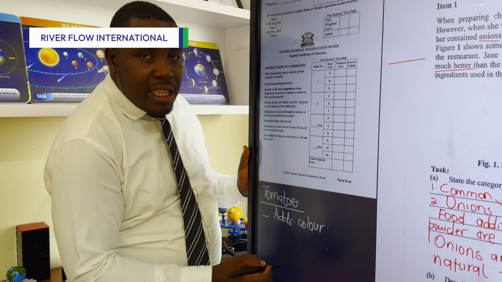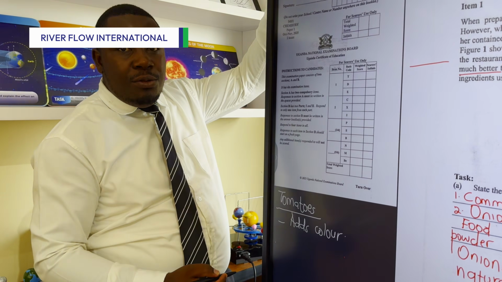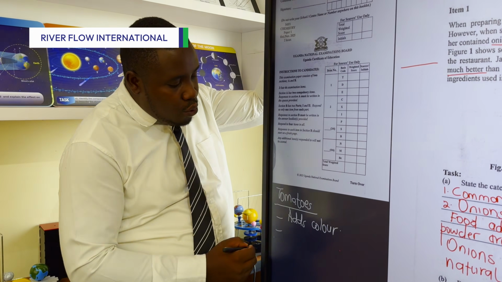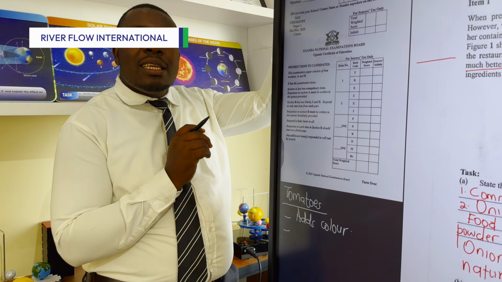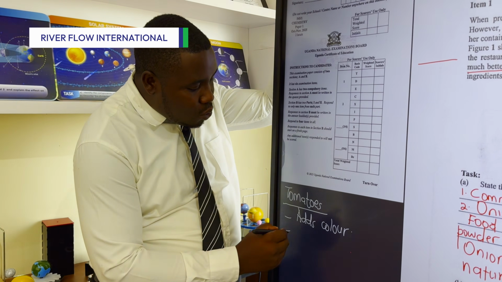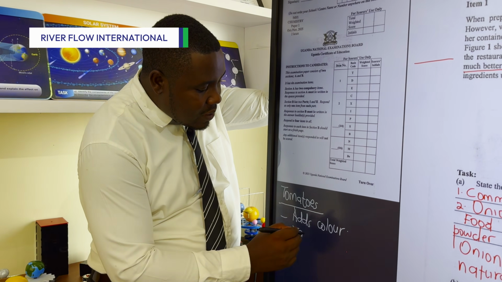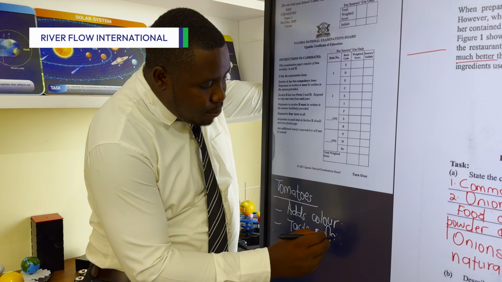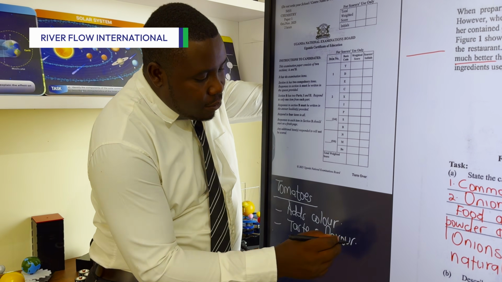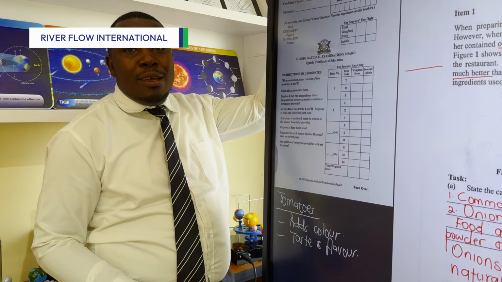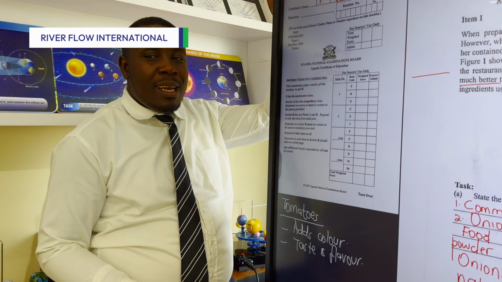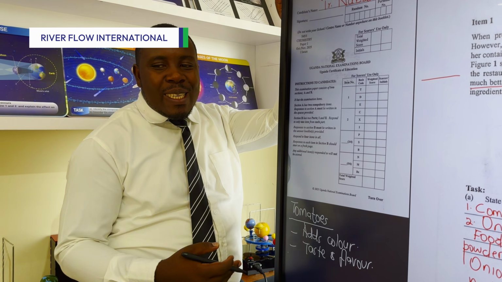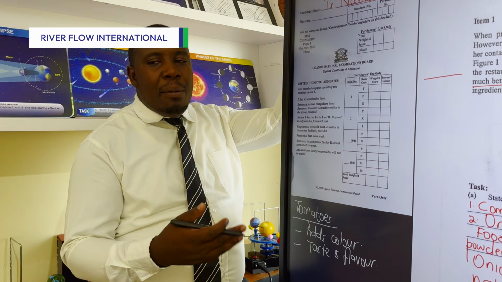In other words, it is also a food colorant. Another thing you realize is that when you add tomato, the food also enhances its taste and flavor. Very important. Imagine eating beans without tomatoes. It does not become nice.